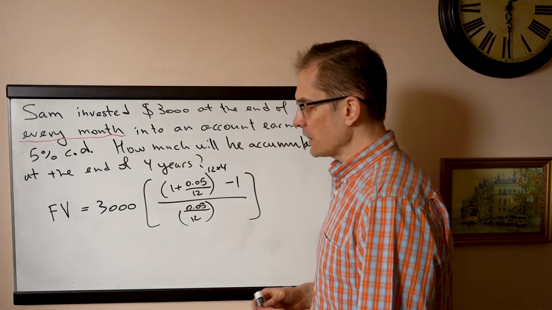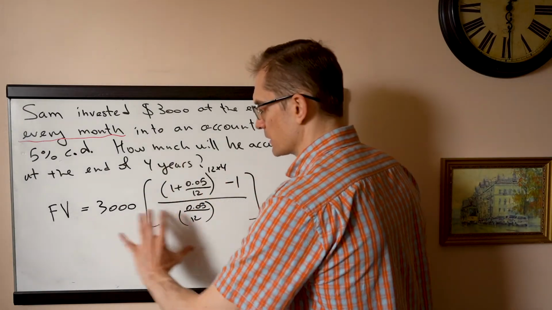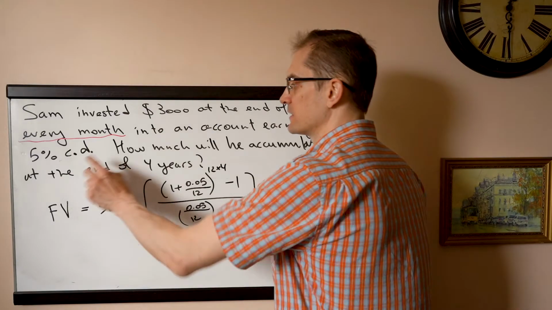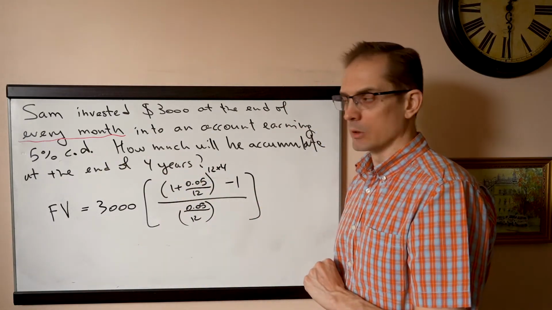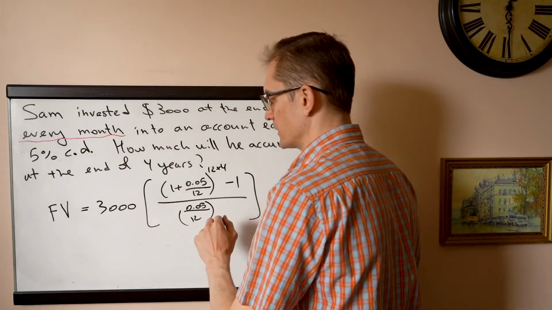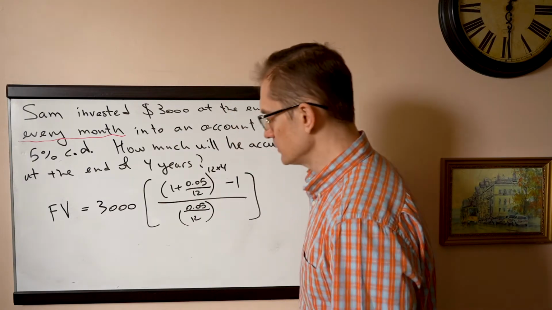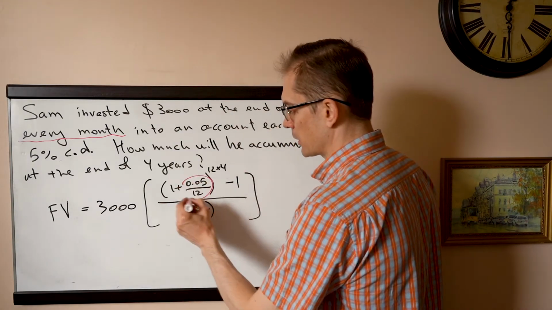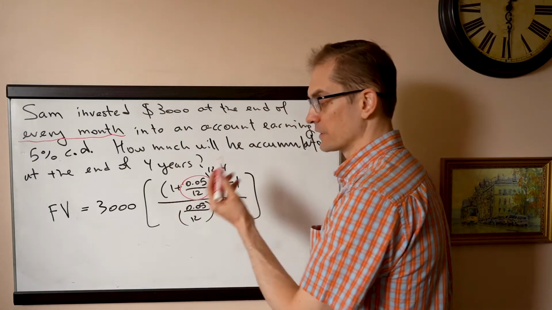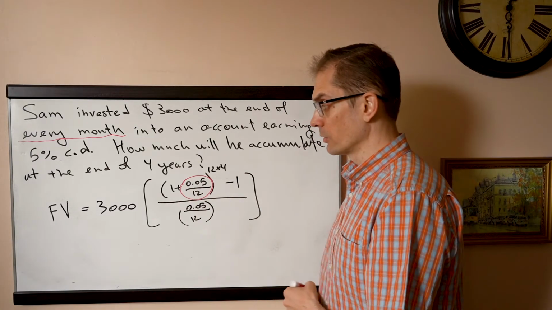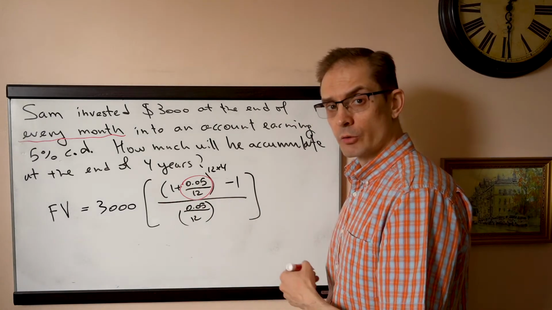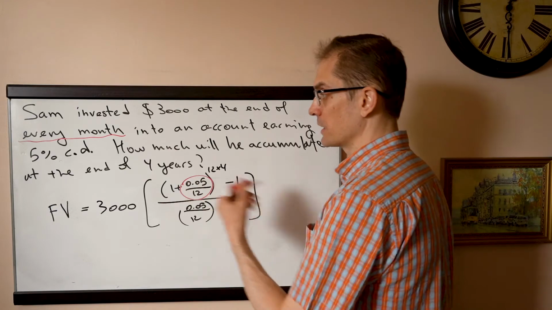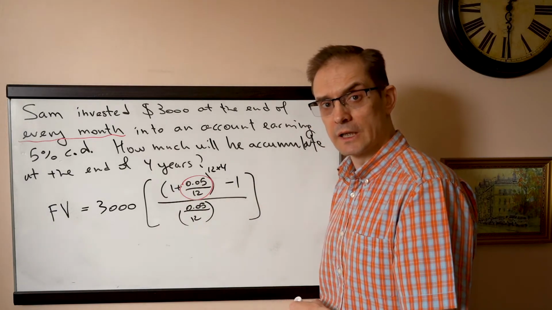Now, you see, this kind of solution would be right away a mistake for this problem when the rate is compounded daily. Why? Because I cannot do this, right? I cannot take 5% and divide by 12. It's no longer a proper periodic rate, because now the rate is 5% compounded daily, right?